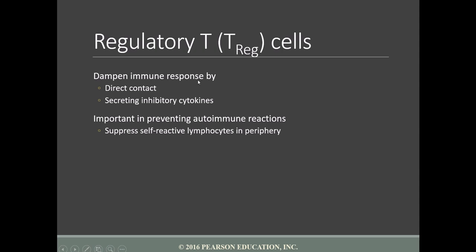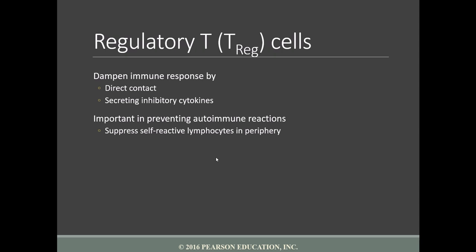Regulatory T cells can directly contact self-immune cells, or they might secrete some inhibitory cytokines, inhibitory chemical messengers to these self-reactive lymphocytes, and we want that to occur.